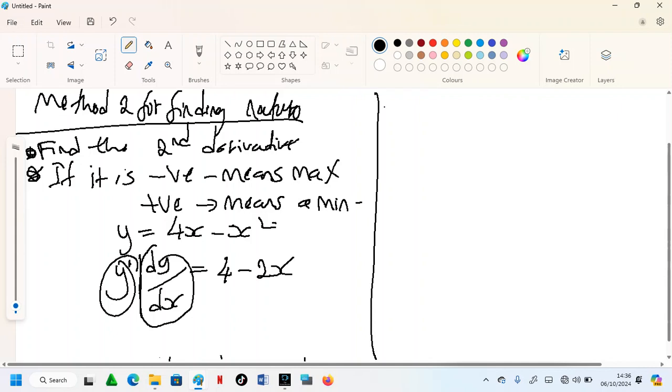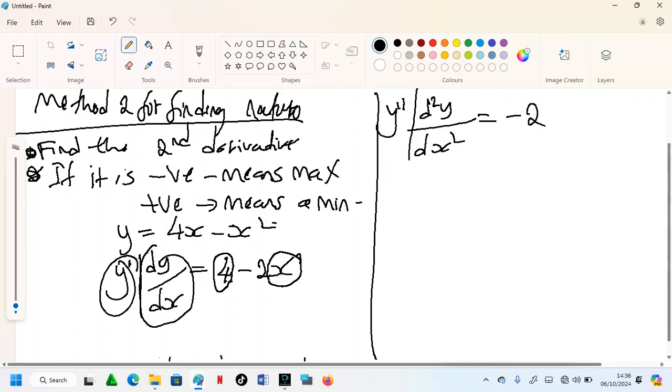To find the second derivative is to just differentiate it the second time, to get either y double prime if you are using y prime, or you get d²y/dx². So you just differentiate it again. If you differentiate this, of course, this will disappear. And of course, this will also be x to the power of 0.